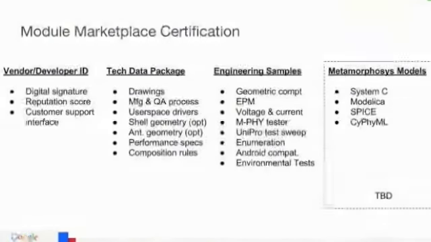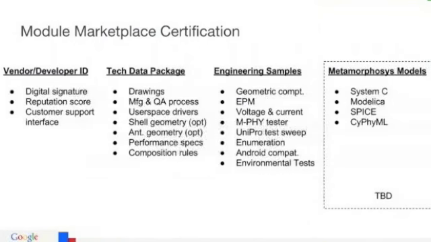We also envisioned that you would send actual engineering samples to Google as well, and then we would take those engineering samples and run a bunch of tests on them to verify quality and spec compliance. The first thing we would do is probably just verify that your module meets geometric constraints that we've set, for example, that your module actually fits into an Endo.